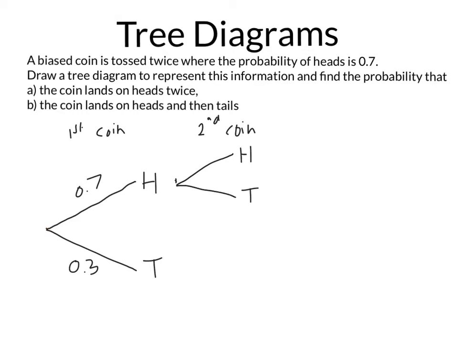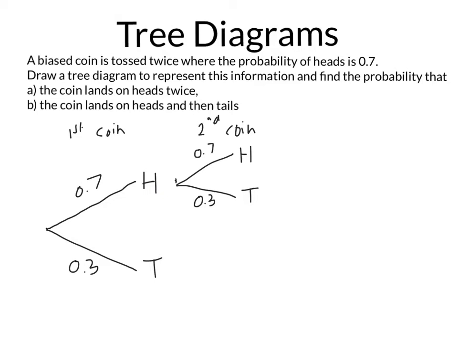So, if we follow the branch, this is getting heads on the first coin, and then this is getting heads on the second coin. This one's getting heads on the first coin, and then tails on the second coin. Same coin, so the chances of getting heads is still 0.7, and we're writing the probabilities on the lines.